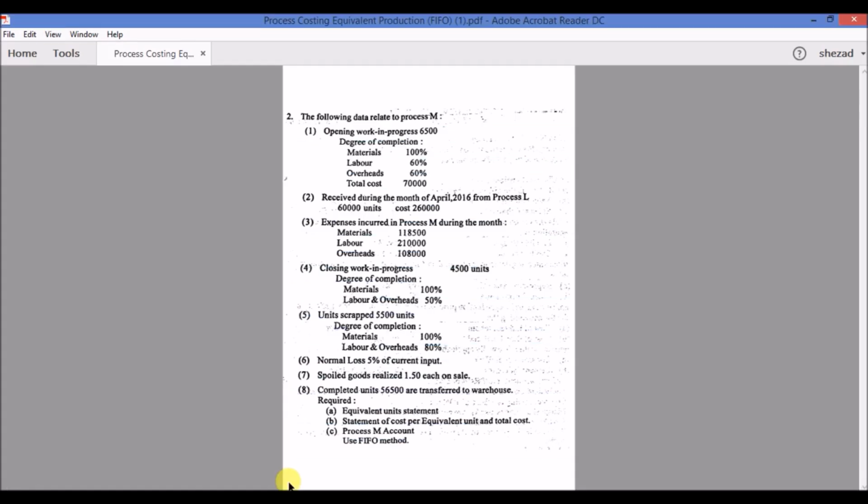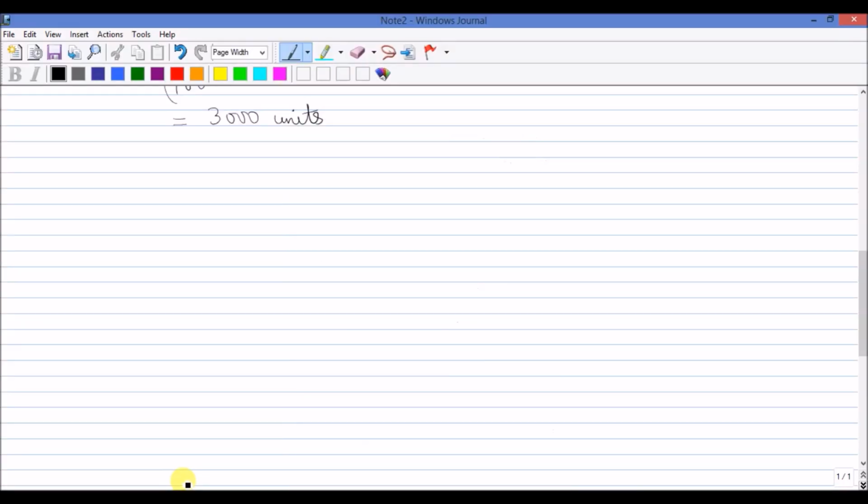Now I need to look at the question. I don't think I need to find anything else. Yes, we are done with it. Now we are going to working note number 3. Actually this is not a working note, this is the main solution.